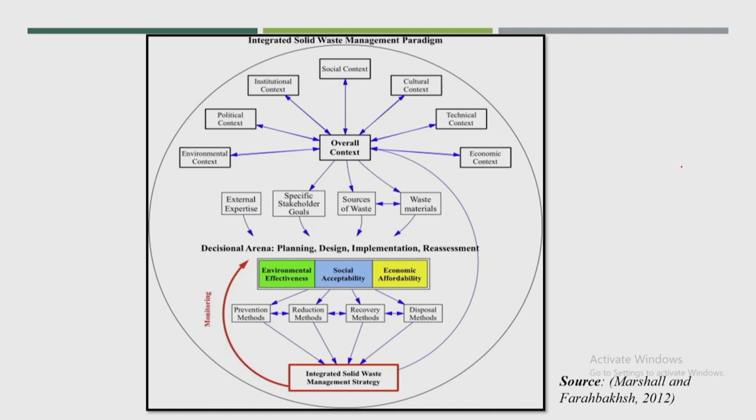After that it includes the waste material, the sources and the different stakeholders, and finally it goes to the planning, designing and implementation of the integrated solid waste management plan. That has to be accepted on three bases: environmental, social and economic constraints. Based on that, how best we can prevent the waste, reduce it, recover it, or dispose of it, is normally called an integrated solid waste strategy.